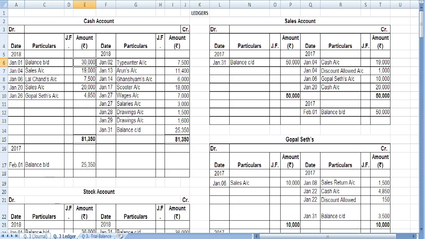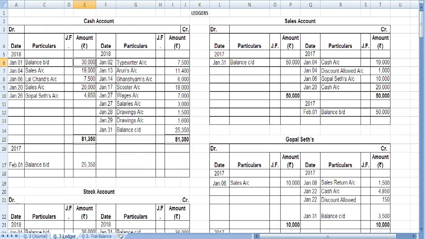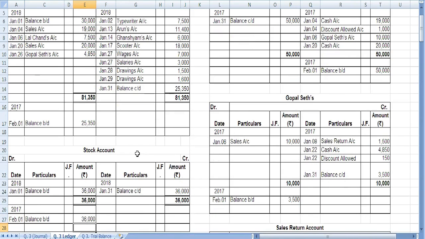Now let us come, we'll write the opening entry for each. Okay, so we have here stock. Stock is also asset, so the opening entry will start from the to side. Okay, so here the opening entry 36,000.